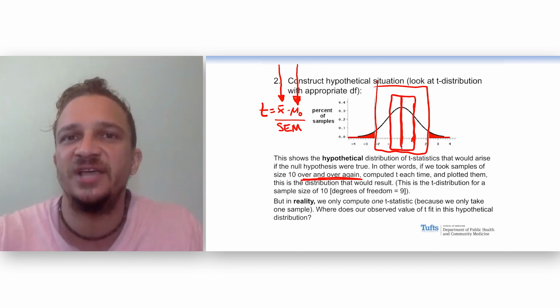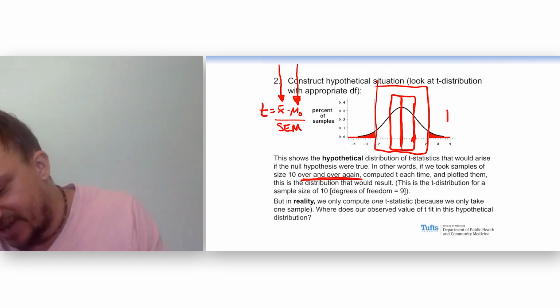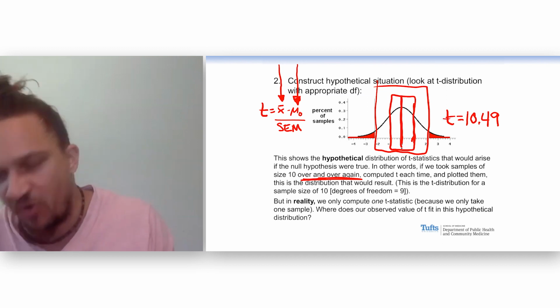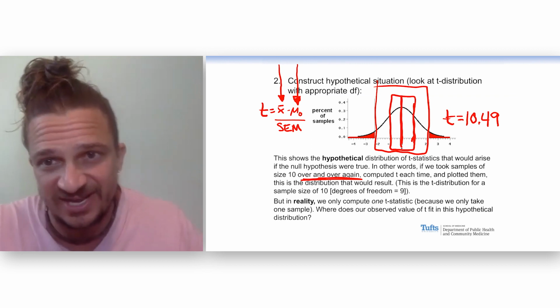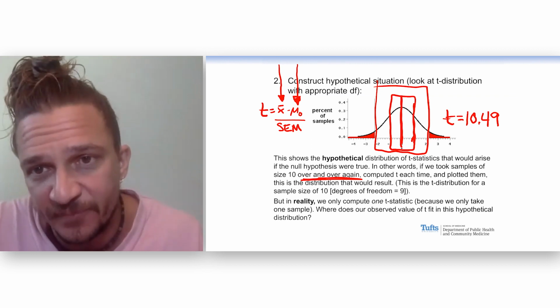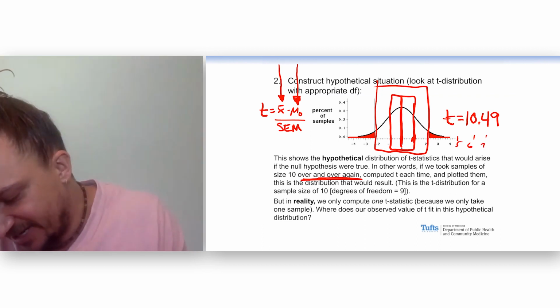Now, what we're going to do is ask, what's the probability of getting my data if the null were true? And remember what we got for this example. We got T equals 10.49. I think that's what it is. Antonio, edit that back out if that's the wrong number. T equals 10.49. So in other words, I have to go on this curve 4, 5, 6, 7.